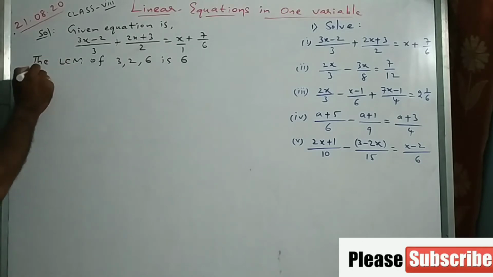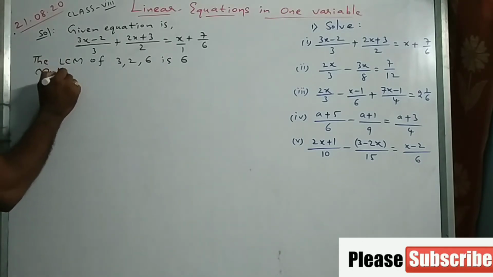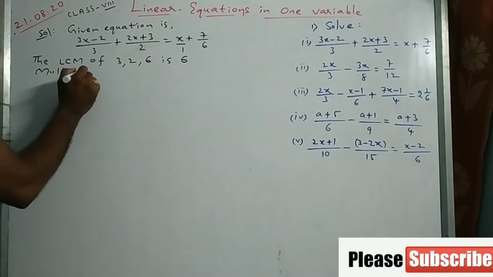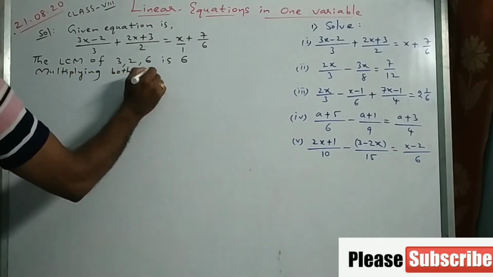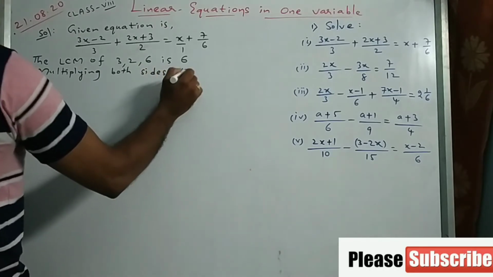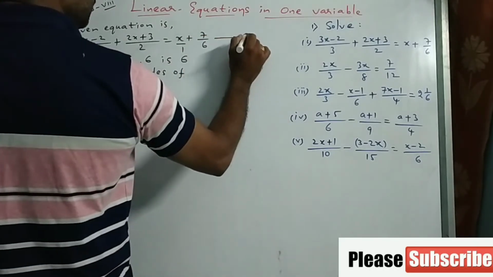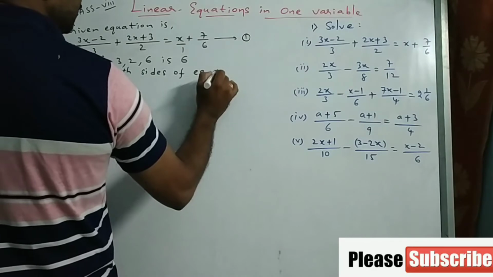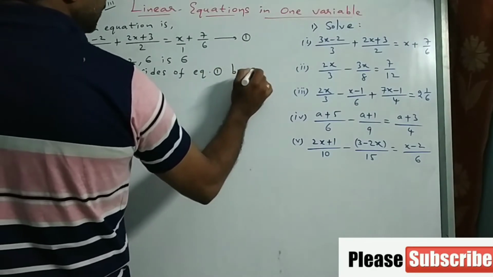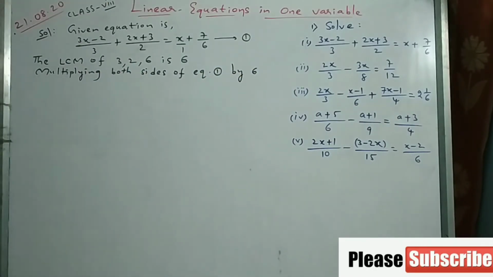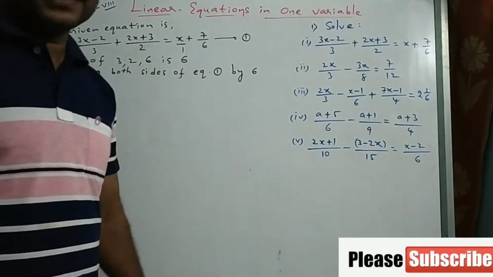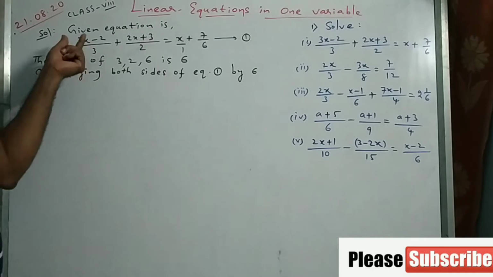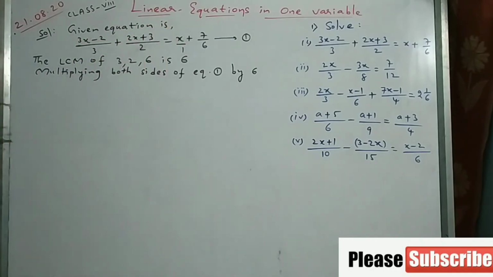So we have to multiply both sides of equation 1 by that LCM. What should you do? First take the LCM of denominators and multiply every term of the given equation by that LCM, 6.